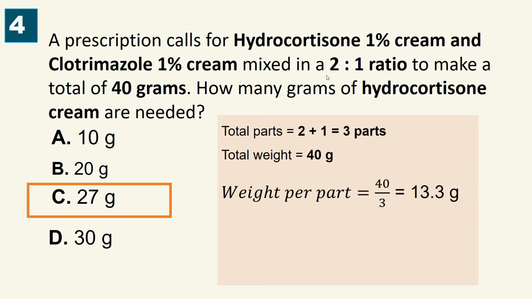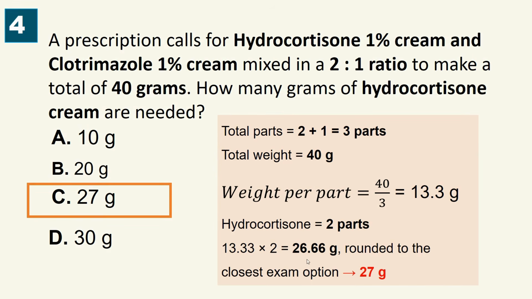How many parts of hydrocortisone are you taking here? 2 parts. So 1 part is 13.3, and 2 parts will be 26.6 grams, which rounds up to 27 grams. So therefore, 27 grams is the answer.